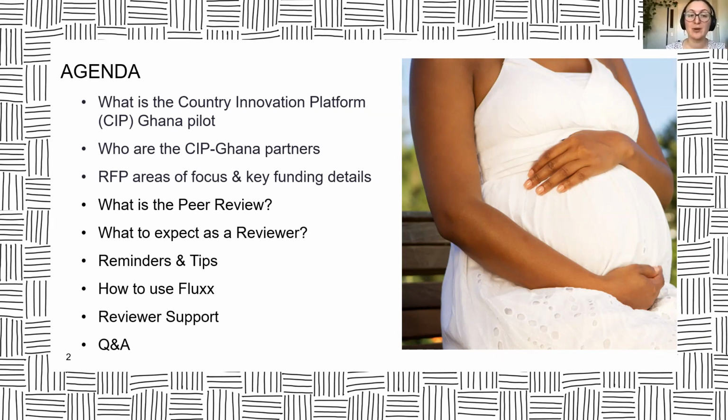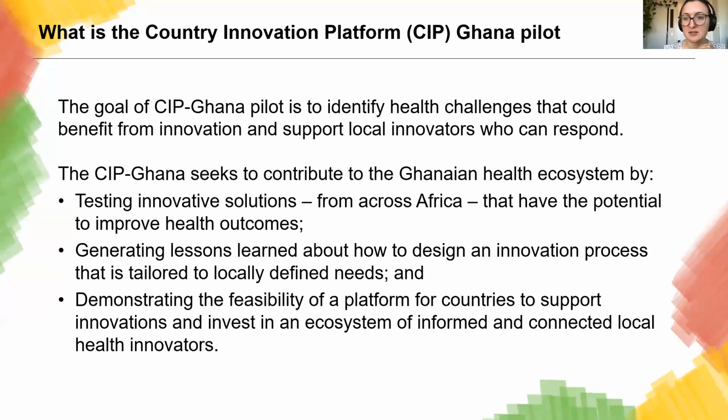And then we're going to walk you through how to use the Flux portal, which is where you will be conducting your reviews. Then we'll make some notes about reviewer support options available to you. And then we'll open up for a question and answer period so that you can hit on anything we might have missed as we walked through this.